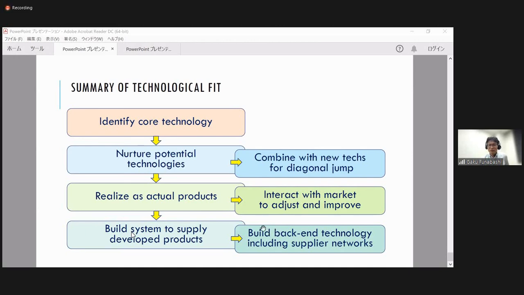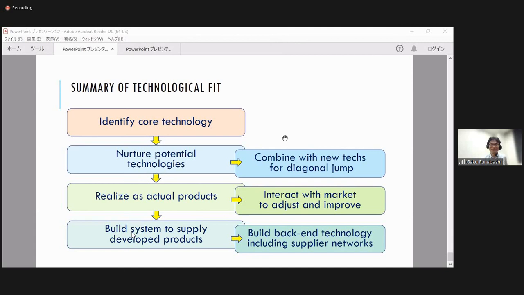What is necessary? Back-end technologies for production, and sometimes back-end technologies for distribution. In some cases, in different industries like the software industry, according to Mr. Tom Put, it can also be called front end.